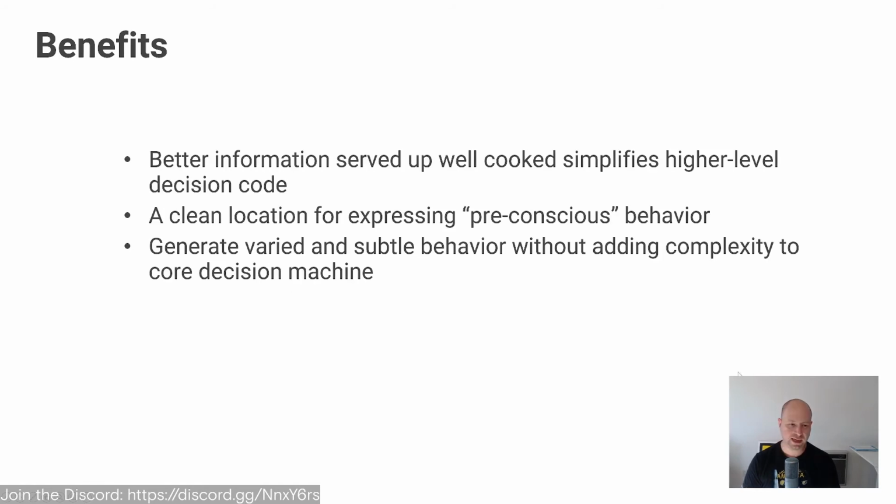So one final slide. Benefits here, right? You get a simplified, higher level set of decisions that you can make. There's some clean location for expressing this pre-conscious behavior, and on top of that, you can make conscious behavior in the form of a state machine or whatever. As we'll talk about in the next lecture, this can fall into the behaviors that you want your agents to make, like, hey, apple fell from tree, won't go there, that kind of thing.